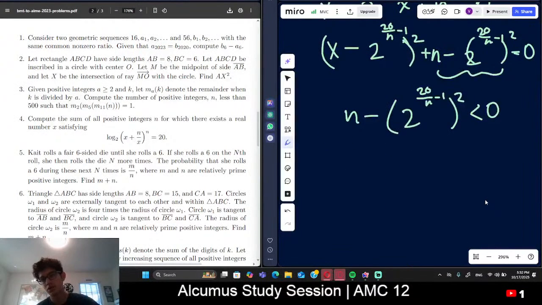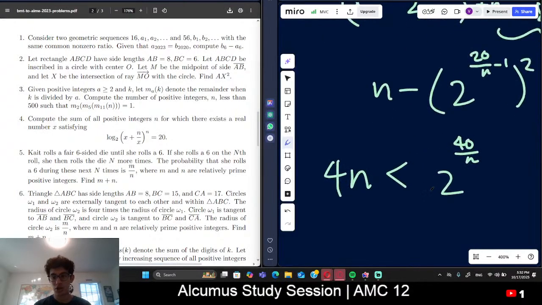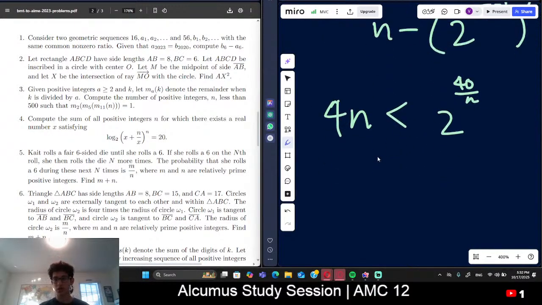Meaning, in other words, that n has to be less than this squared. Oh, well, no, if you're squaring it, then that makes it 40 over n minus 2, which can also be written as 1/4, and so we can put the 4 over here. Now we just check integers, right? And eventually we're going to see something that doesn't work anymore.